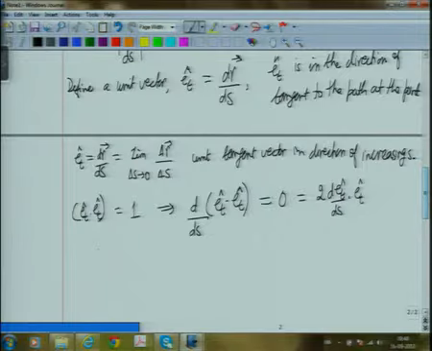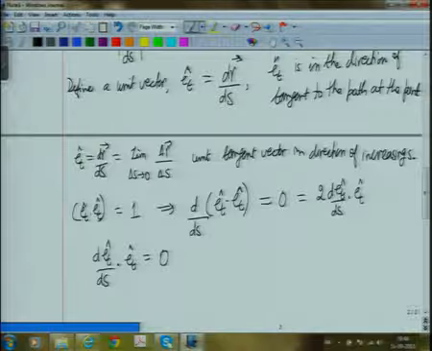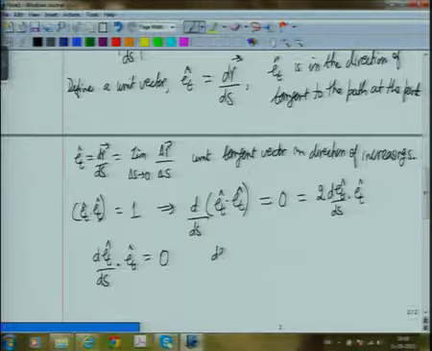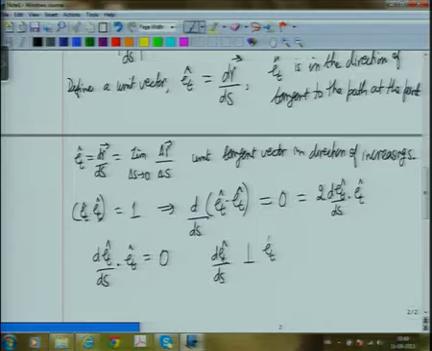Therefore det by ds dotted with Et is equal to 0. This tells us that det by ds is perpendicular to Et. We saw a similar argument in the last class, where I talked of a general vector A, and this is exactly the same argument.